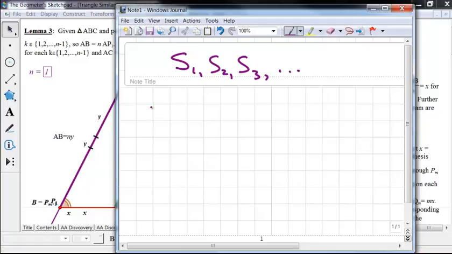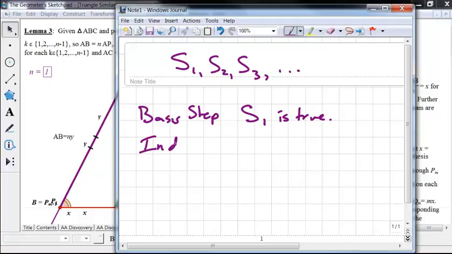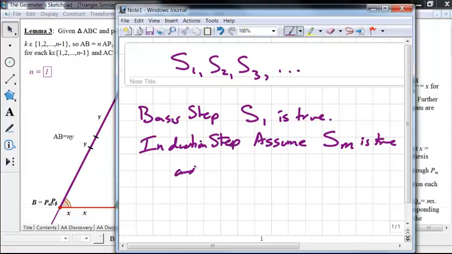And the way mathematical induction works, you have what's called a basis step, and you have to prove that statement 1 is true. And then we have an induction step, and you assume statement M is true, and then you use that to prove statement M plus 1 is true.